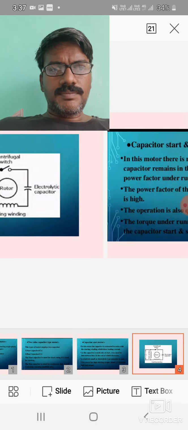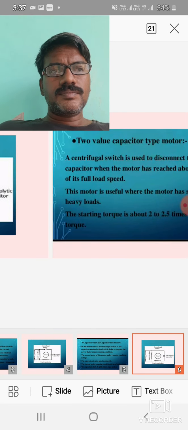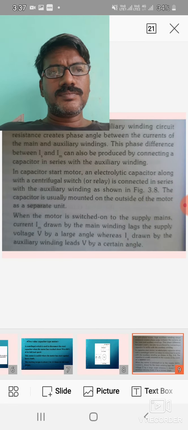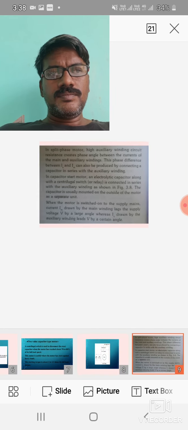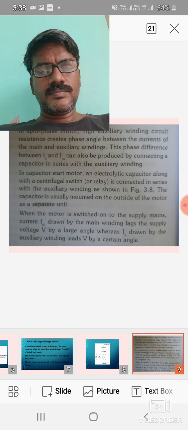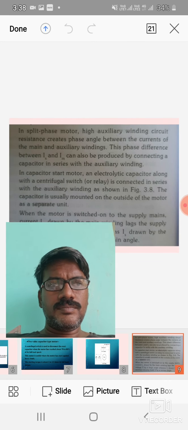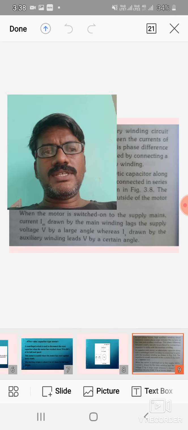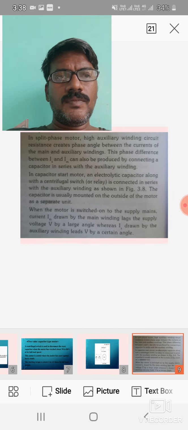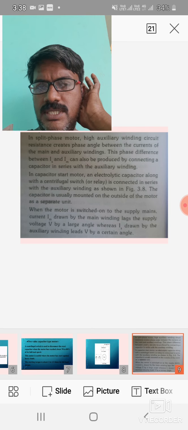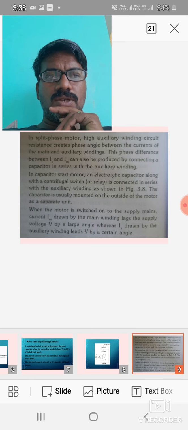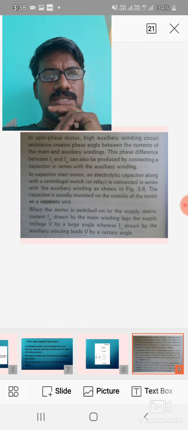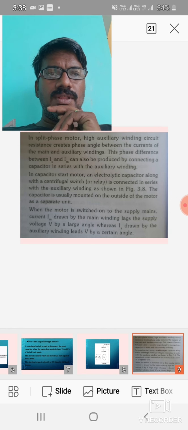Capacitor start motor is a split phase type. In a split phase motor, high auxiliary winding circuit resistance creates a phase angle between the currents of the main and auxiliary winding.